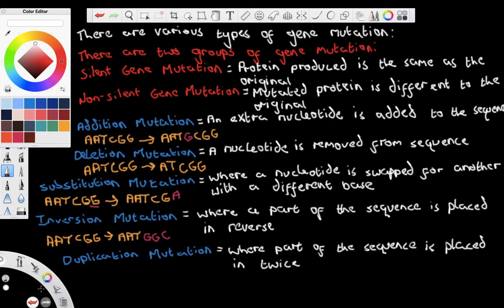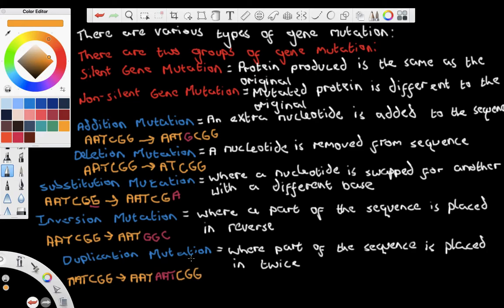So rather than just having A, A, T, C, G, G, we've now got A, A, T. There's a repetition of A, A, T, and then we're going back to C, G, G.